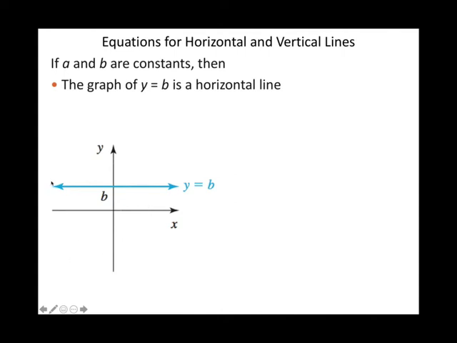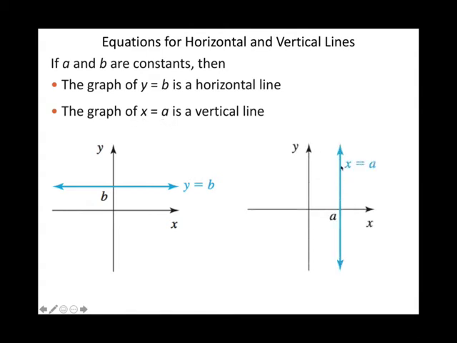So it means I have a horizontal line hitting b on your y-axis. And if you have the graph of x equal to a, there's no y in here and a is a constant, then this is going to be the vertical line. Okay, it means I have the vertical line passing through the a on the x-axis.